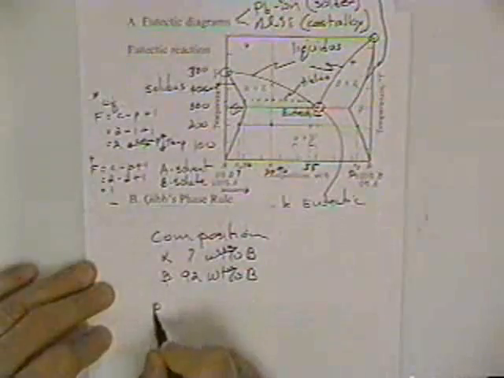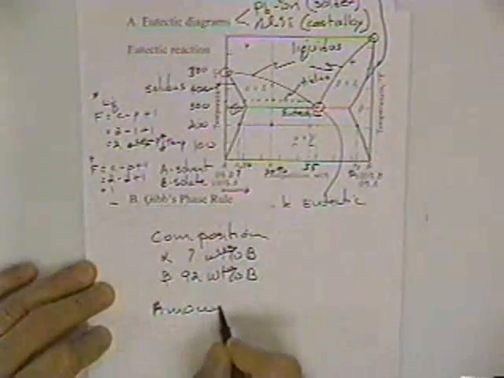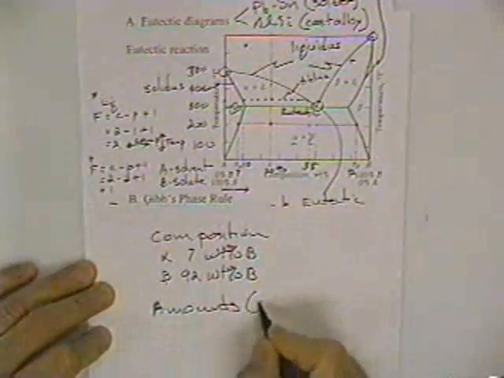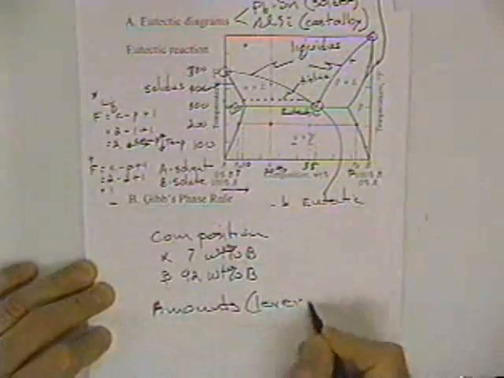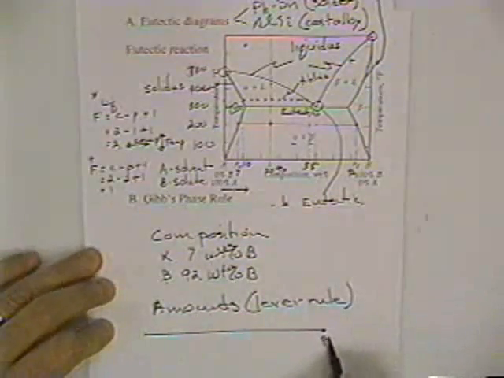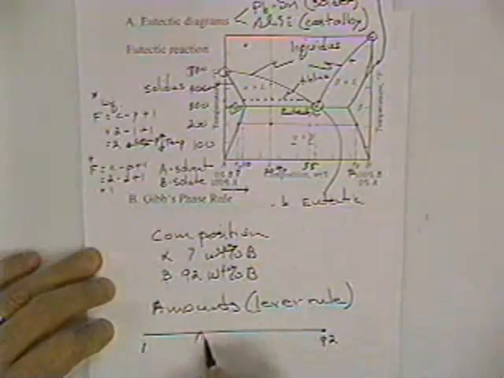Let's determine the amounts. And remember, to determine amounts, we got to use the lever rule. And for this calculation, our tie line is going to be 92, 7, and our fulcrum is going to be here at, or the point that we're interested in, it is about 30.